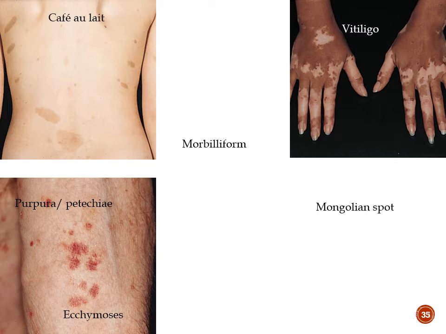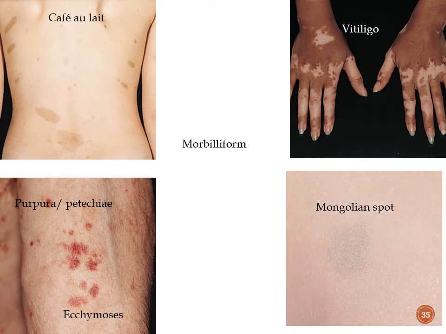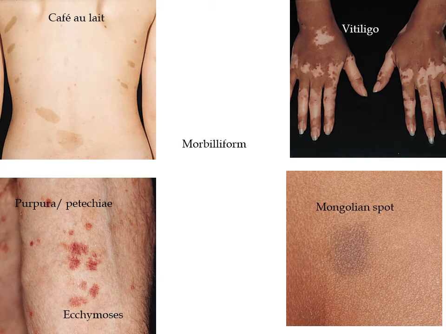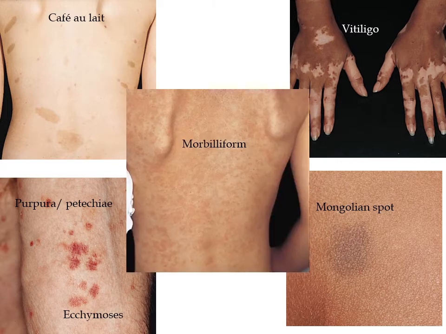Slightly bigger is known as purpura, and very big and sometimes purplish in color is called ecchymosis. Green or blue macule or patch is commonly seen in newborns, and this is called the Mongolian spot. Morbilliform eruptions are often seen in viral exanthems like rubella or rubeola. Morbilliform often represents lesions forming macules and papules.